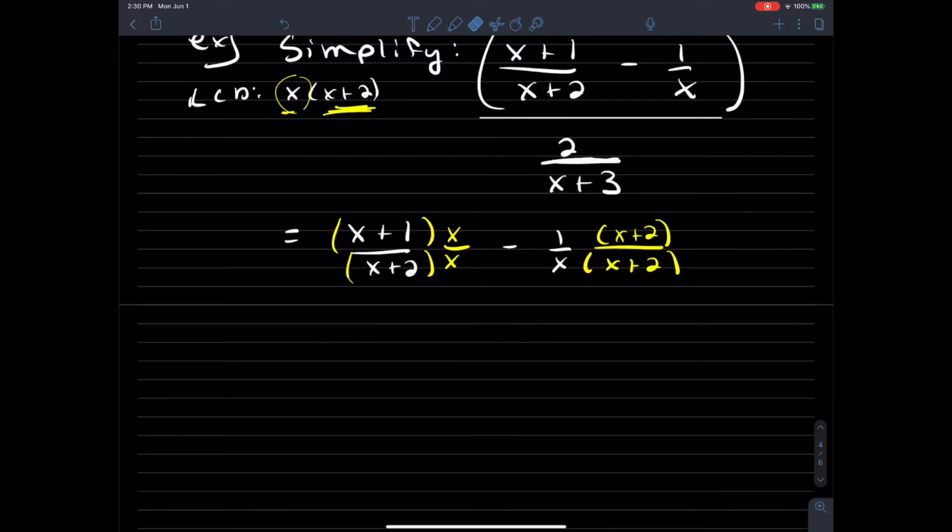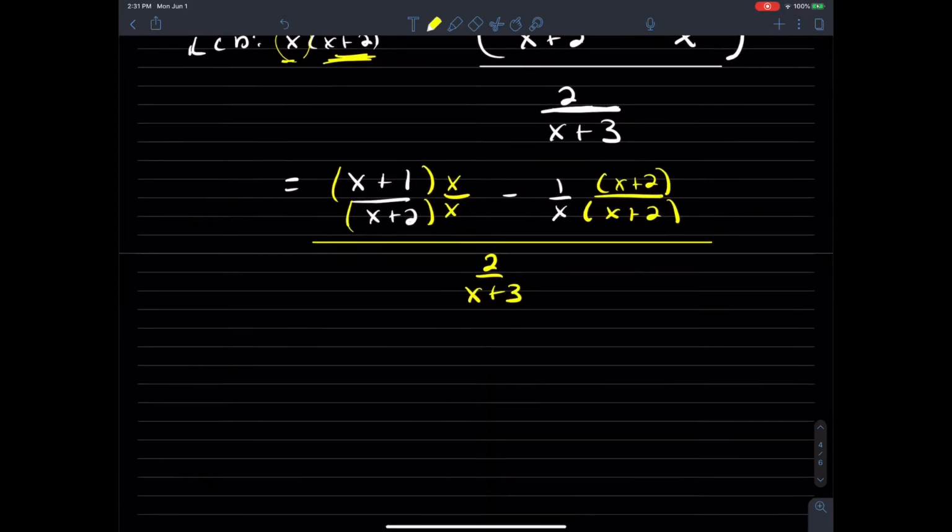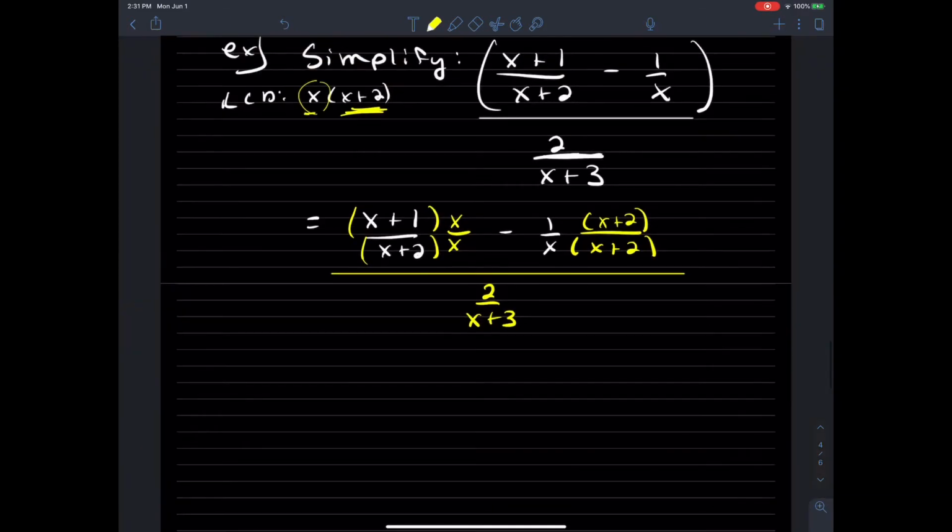Oops, let's not forget about our complex fraction. This is all over 2 all over x plus 3. So don't lose pieces of it. So now, in the numerator, it's x plus 2 in the denominator.